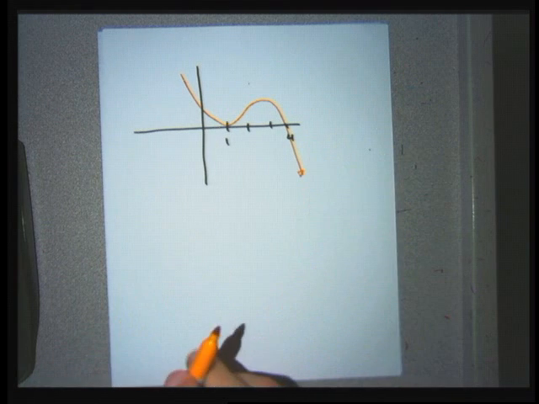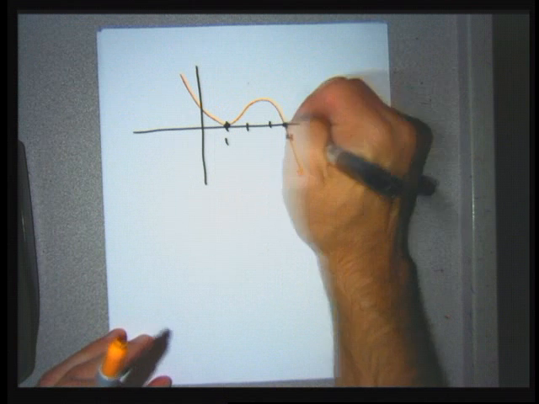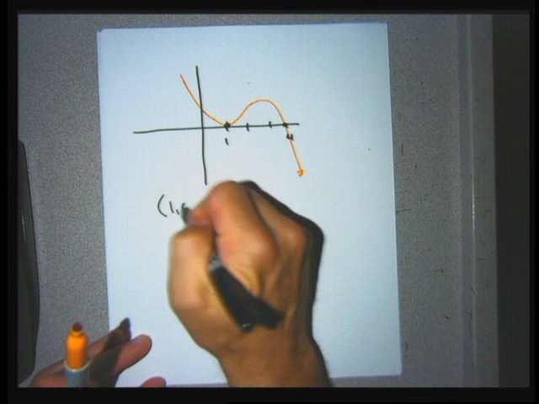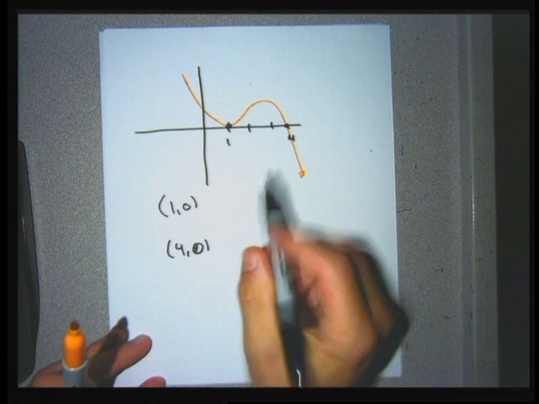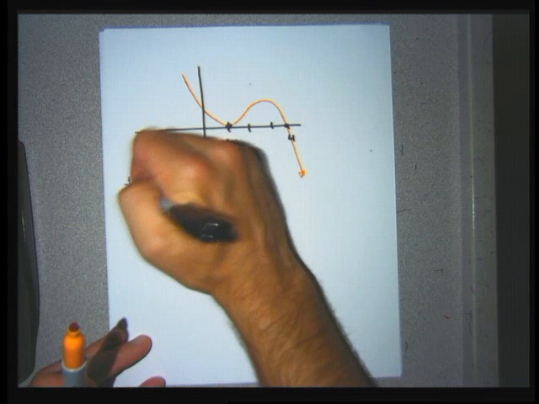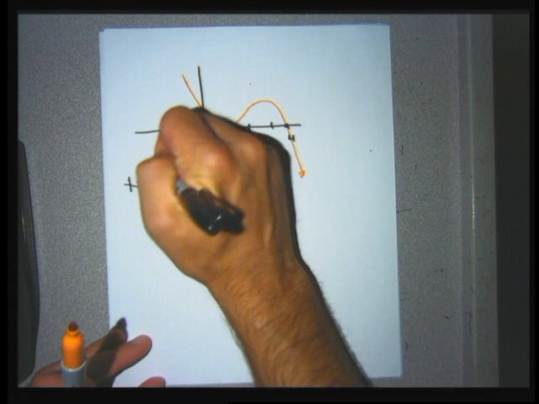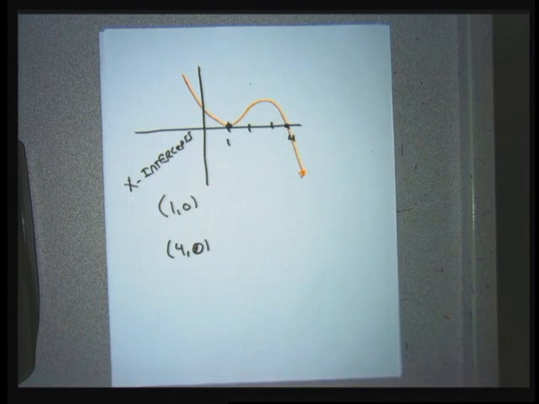This graph has two x-intercepts, at the point 1, 0 and the point 4, 0, where the graph touches or crosses the x-axis. So these are the x-intercepts. They're points on the x-axis that are part of the graph.